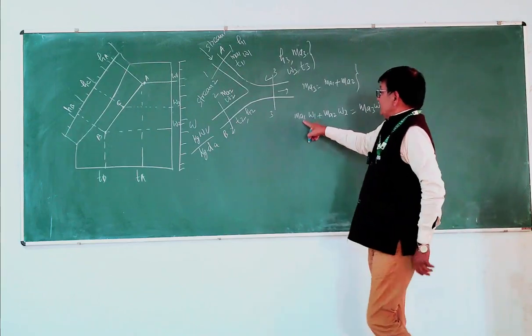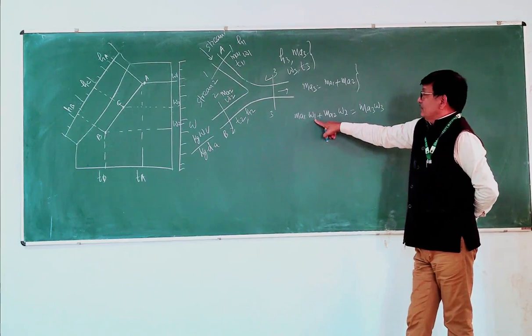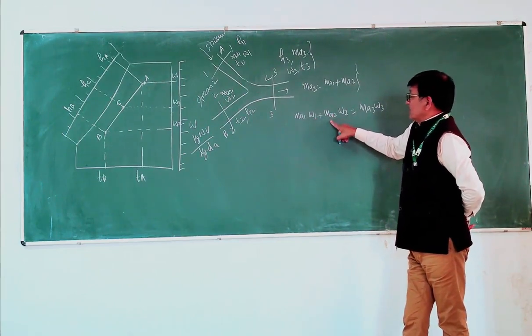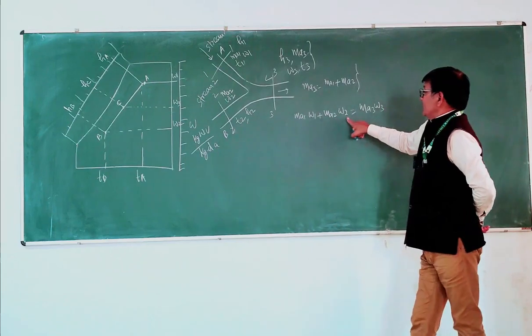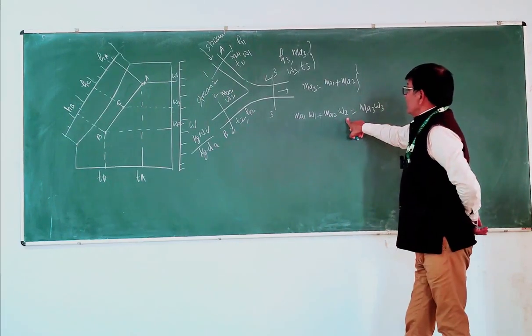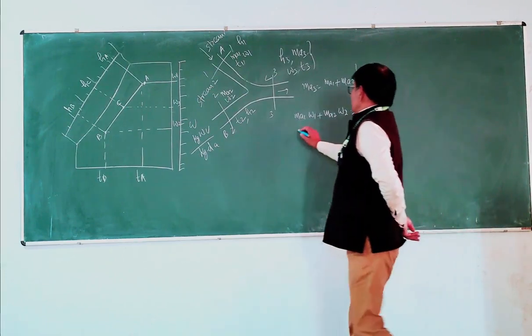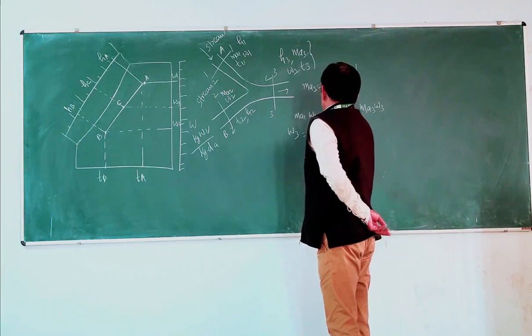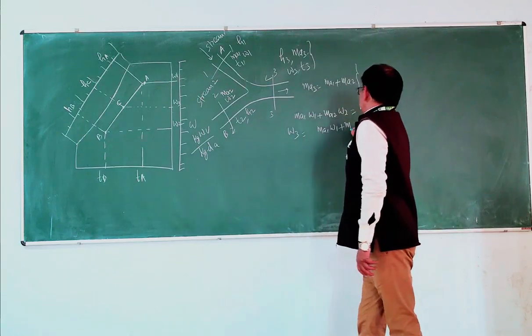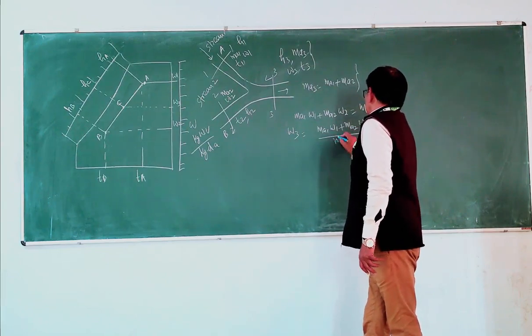MA3, the mass of the air, multiplied by the specific humidity at that point, equals the mass of the air at point 2, B, and the specific humidity at point 2. You can see omega 1. We have to find out omega 3. So omega 3 equals MA1 omega 1 plus MA2 omega 2 upon MA3.